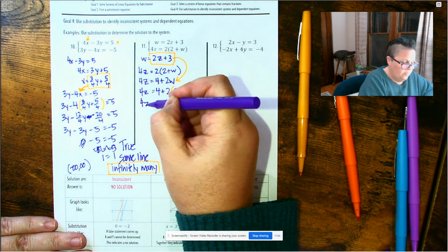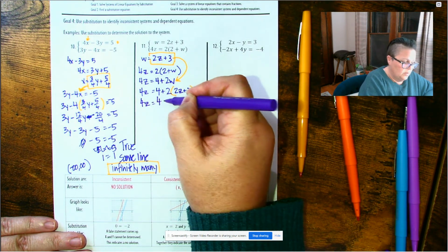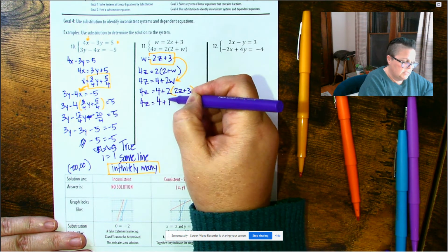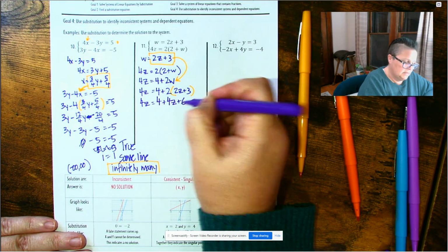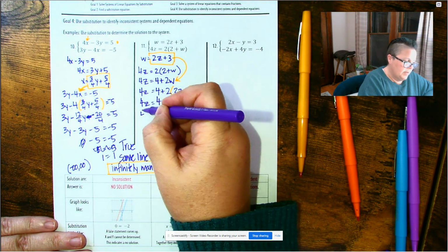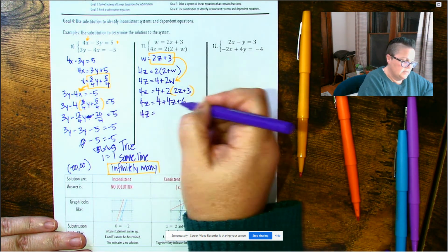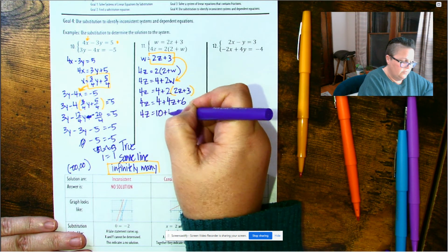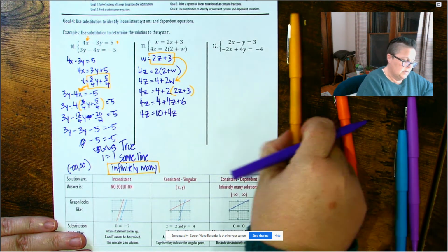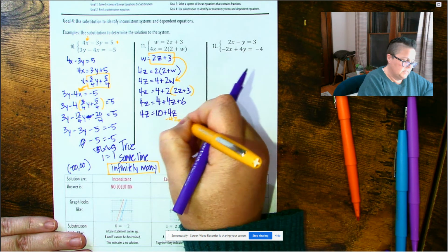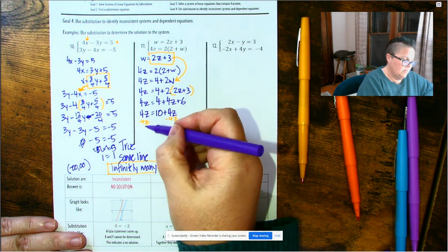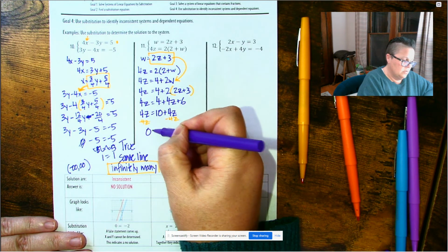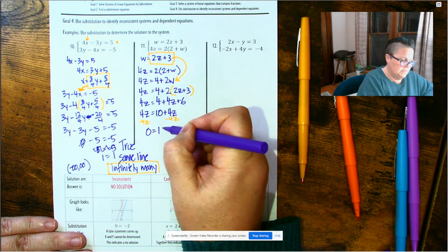So now I have 4z is 4 plus 2 times 2z is 4z. 2 times 3 is 6. Cleaning this up, I have 4z's is 10 plus 4z. Now I want to subtract 4z from both sides. 4z minus 4z is 0 equals 10.